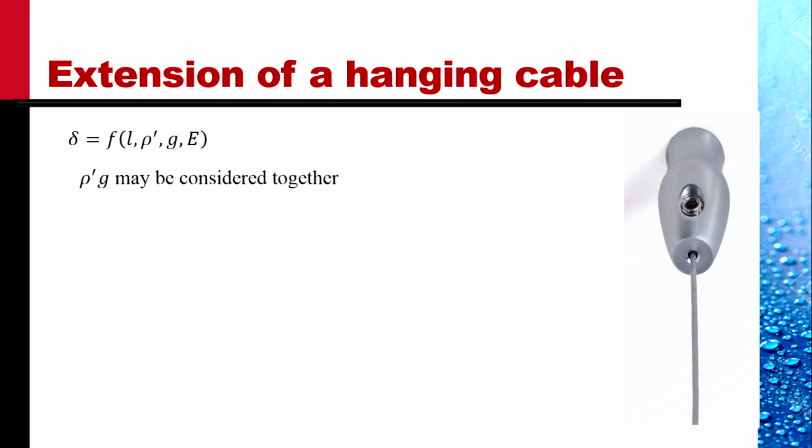Now we bring in the physical fact that since the cable extends under its own weight, rho prime g may be considered together, not independent of each other. So instead of 4 independent parameters, we have only 3.